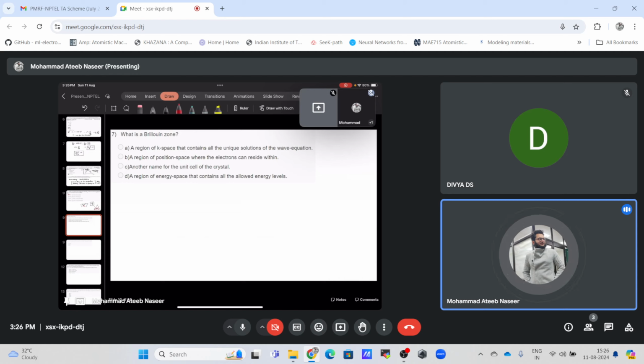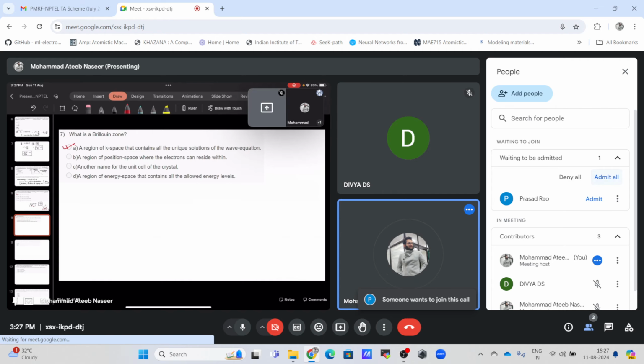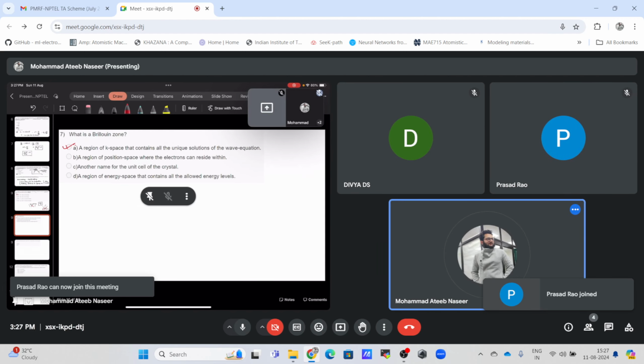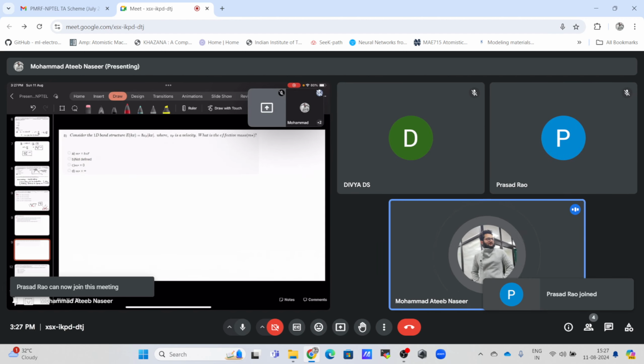You have seen how we used the Fourier transform to go from time to frequency, and similarly here we transform from real space to reciprocal space. So option A is the correct option to go with.